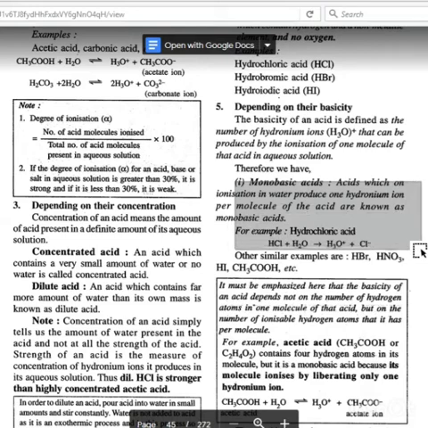Check the example, HCl is furnishing hydronium ion and chloride ion. Acetic acid is again monobasic in nature because of the presence of one hydronium ion and acetate ions, and these acetate ions do not furnish afterward.